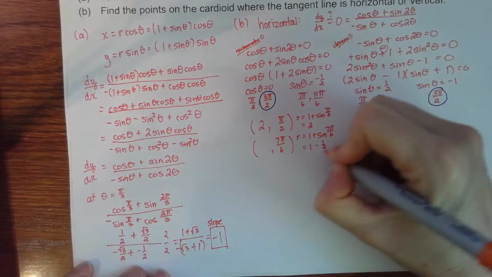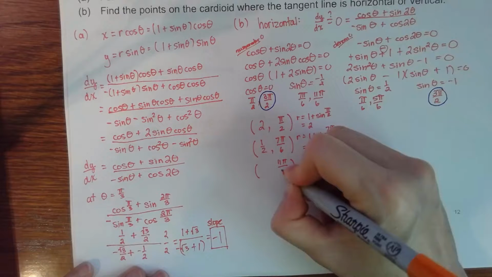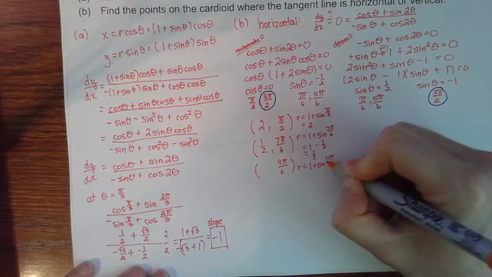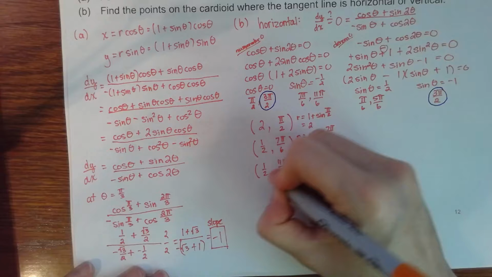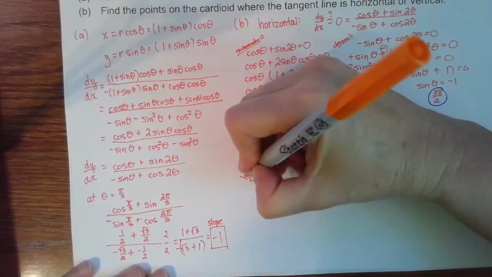Okay, so that's going to be 1 minus a half, which is a half. And then 11 pi over 6. Our r value is going to be 1 plus sine of 11 pi over 6. Again, 11 pi over 6 gave us a negative 1/2. So this one's also a half. Okay, so these are the places that we've got horizontal tangents.